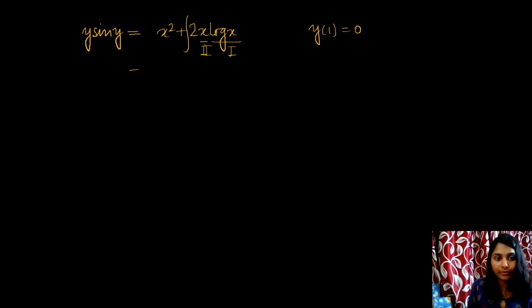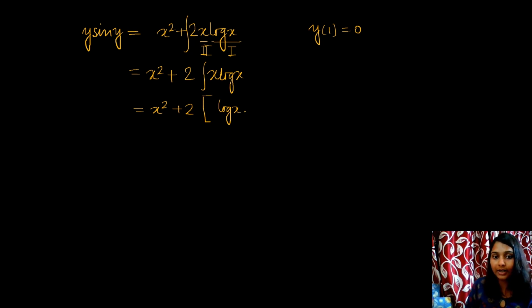So here we have x square plus 2 integration x log x. It will give x square 2. So this is log x, and the log x will be out of this integration.